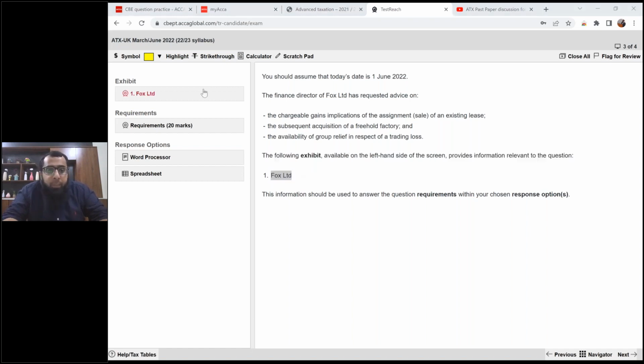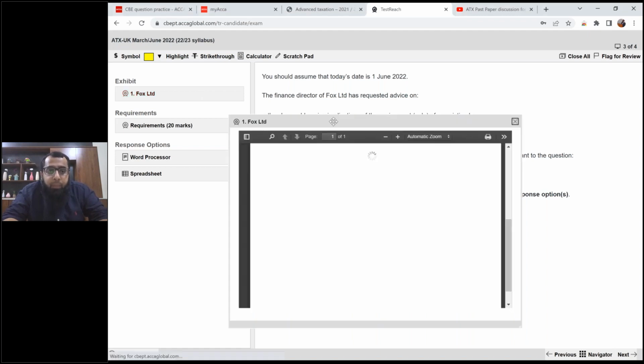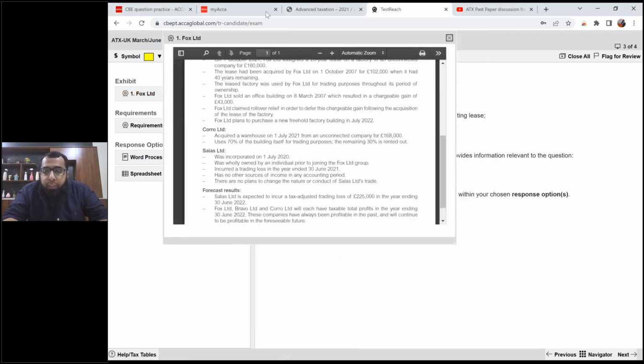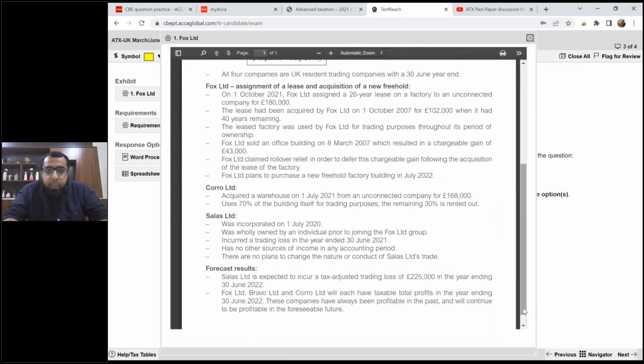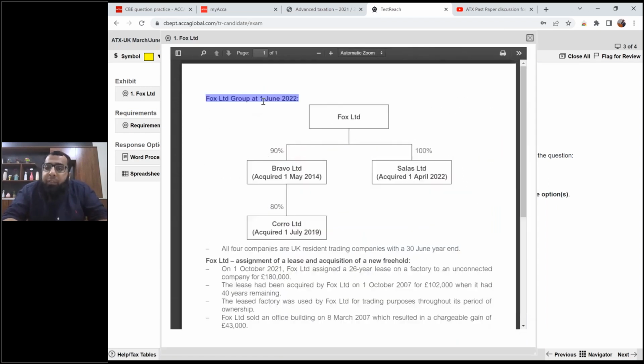So let's read the first exhibit, Fox Limited. I want you all to concentrate on it. Now, Fox Limited Group at 1st June 2022. Fox Limited owns 90% shares in Bravo Limited.